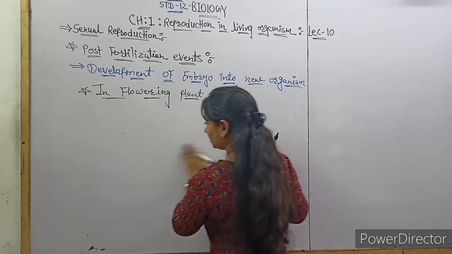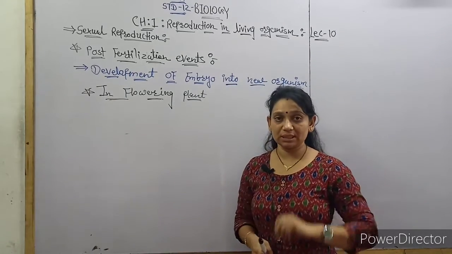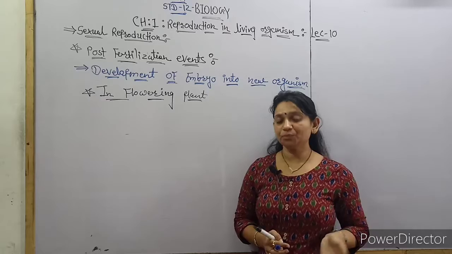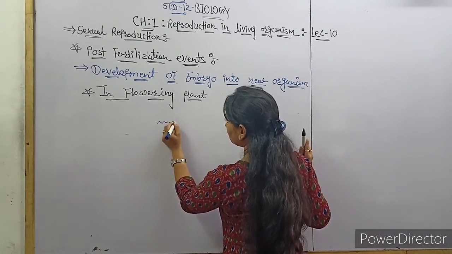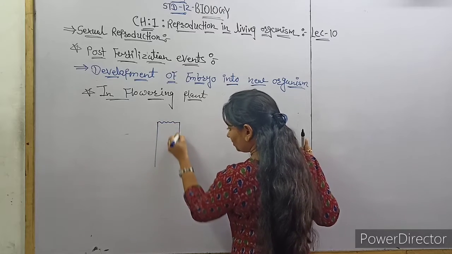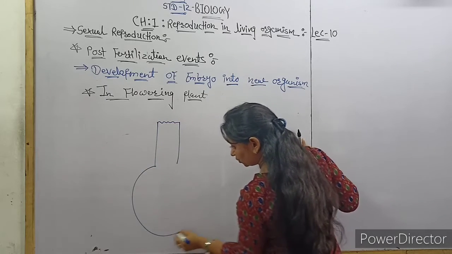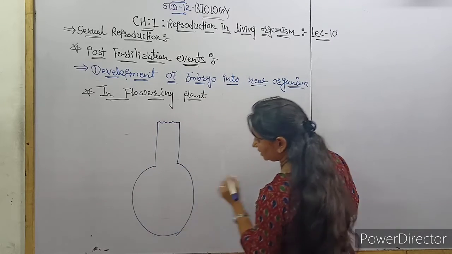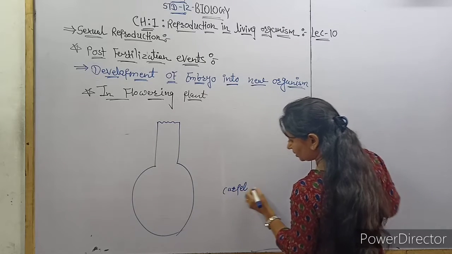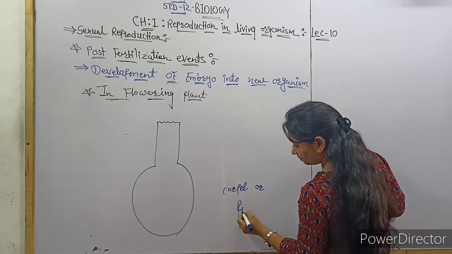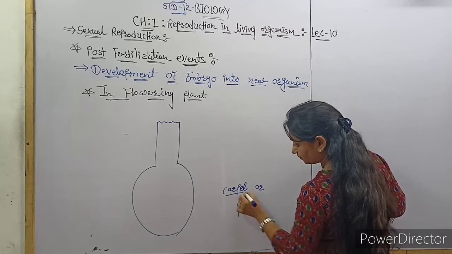So beta, first I am going to explain this thing with the help of the diagram, and then we will see how it happens. See beta, just for an example, over here I am going to draw the female reproductive part that is known as the carpel or pistil. Fine.